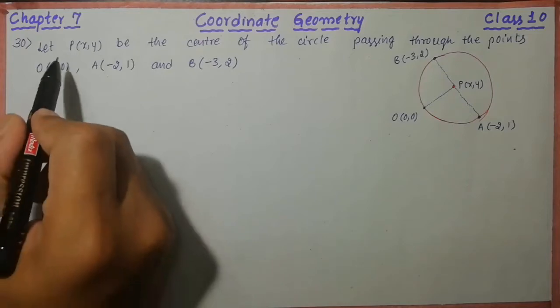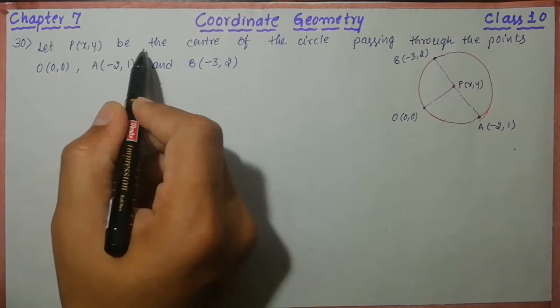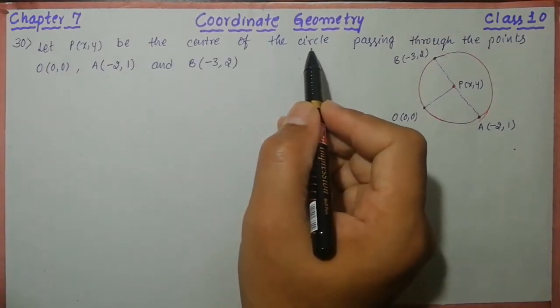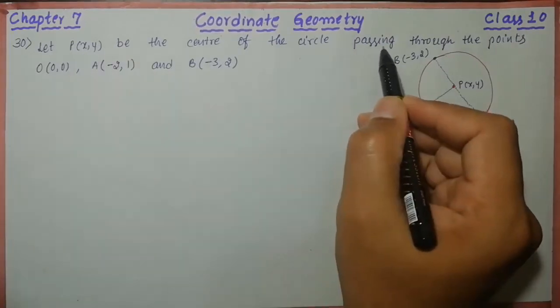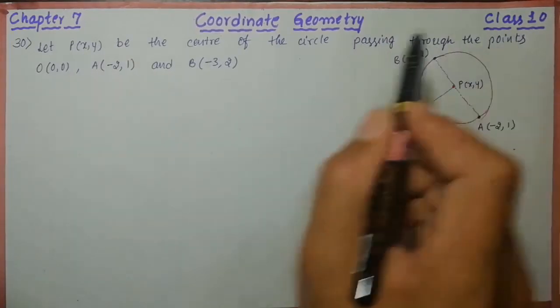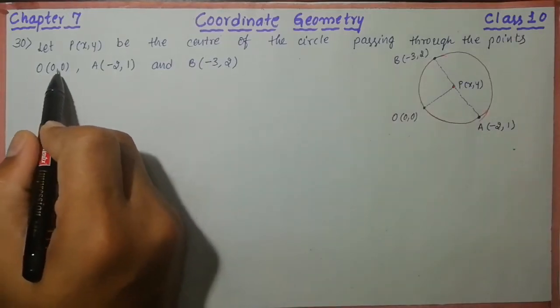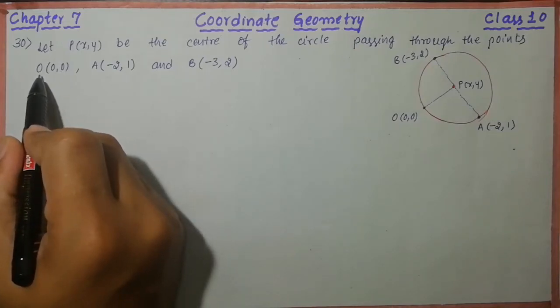So I'm going to define, let P(x, y) be the center of the circle. We need to find the coordinates x and y of the circle passing through the points. I'm going to take the first point as O, (0, 0), which is actually the origin.